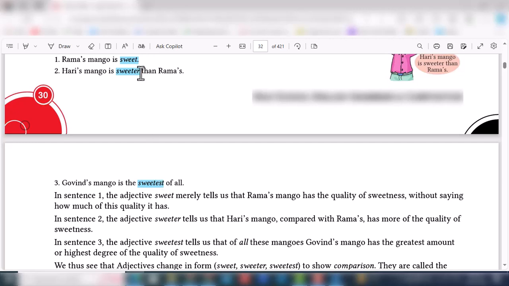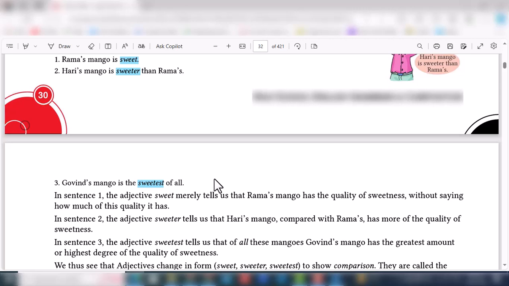So in the first sentence we use the positive degree of the adjective, and in the second sentence we make the comparison between two people, and in this way we used the comparative degree of adjectives in this sentence.